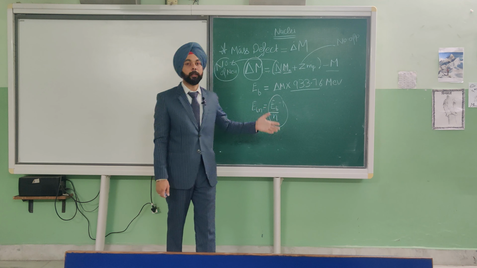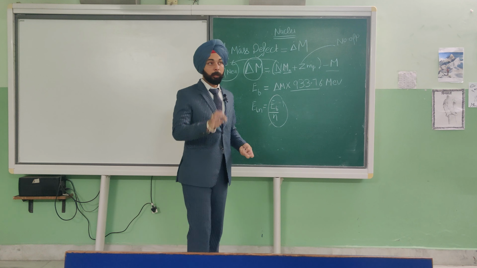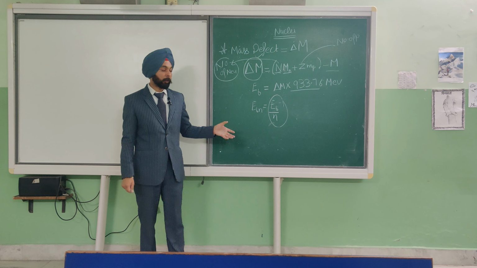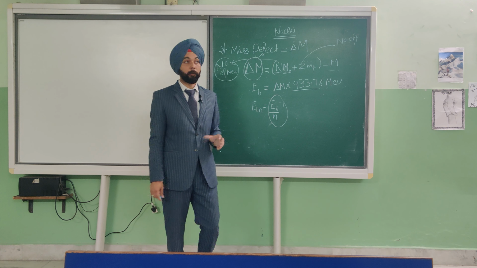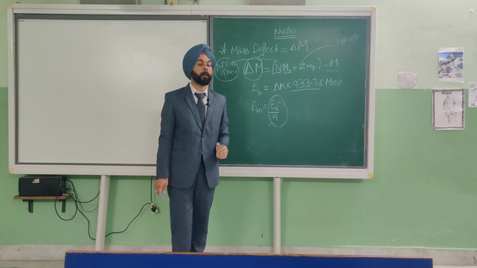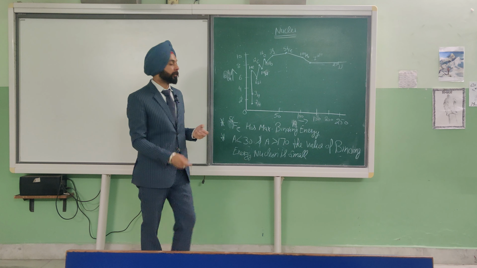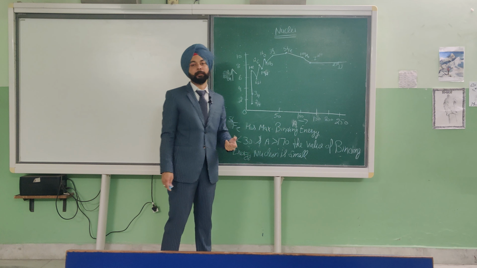I had already discussed it in the starting of this chapter. In 2023, the 3-mark question was on that graphical representation: which element has maximum binding energy and which has lowest. This one is the graphical representation of binding energy per nucleon with mass number.